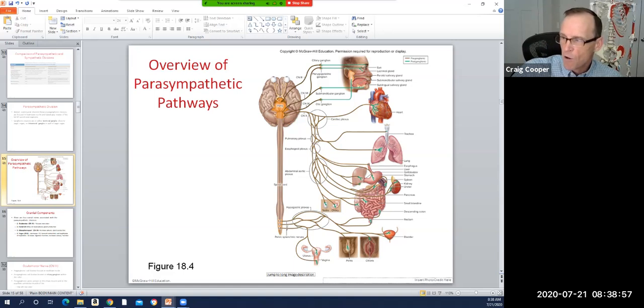And you can see all these branches. So all of these are representing axons that are traveling out to these different organs to cause some sort of effect on that organ. And if we think about rest and digest, when we're going to the heart, it's going to essentially lower the rate and lower the force of contraction.